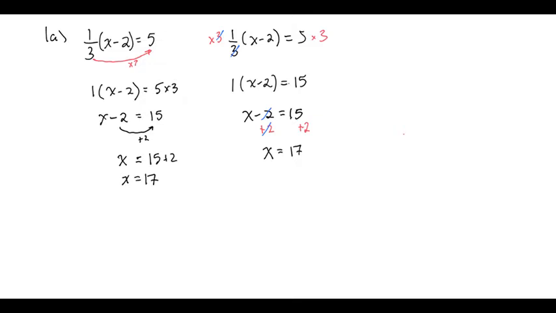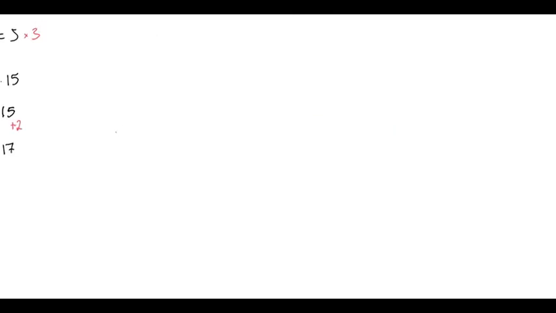Either works perfectly fine. Today what we're going to look at is questions like questions 3 and 4, where there's a fraction on both sides of the equation. I'm going to just pick an example from the textbook and we can go from there.